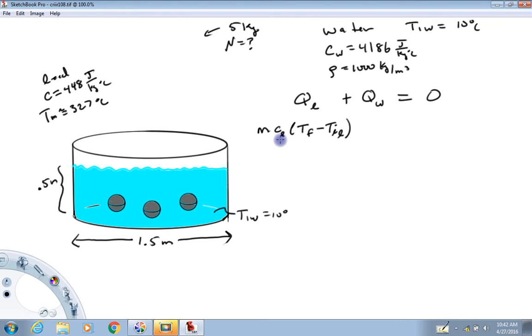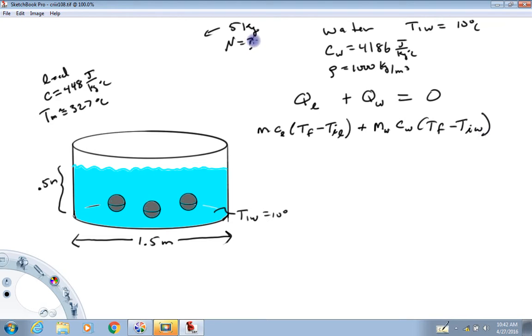Okay. The water is also going to come up in temperature now. So we're going to have a similar term for the water: mass of the water, specific heat of the water, times T final minus T initial for the water. And there will not be any phase changes in this example based on the question that I've asked.